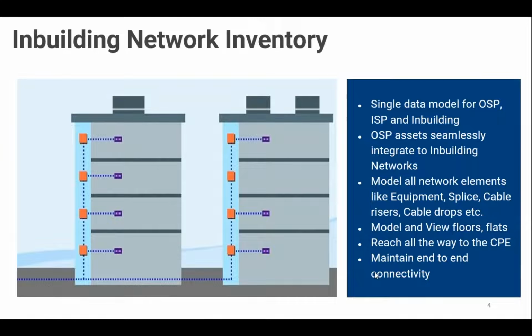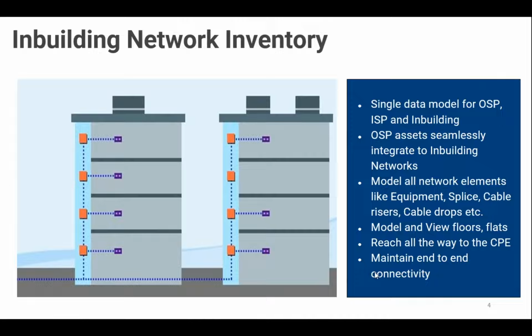But as I mentioned earlier, in-building inventory is something that most solutions have not been doing, and we've introduced in-building inventory in our smart inventory solution of Lepton Network Access. The objective is basically to have a single data model for the OSP, ISP, as well as in-building.